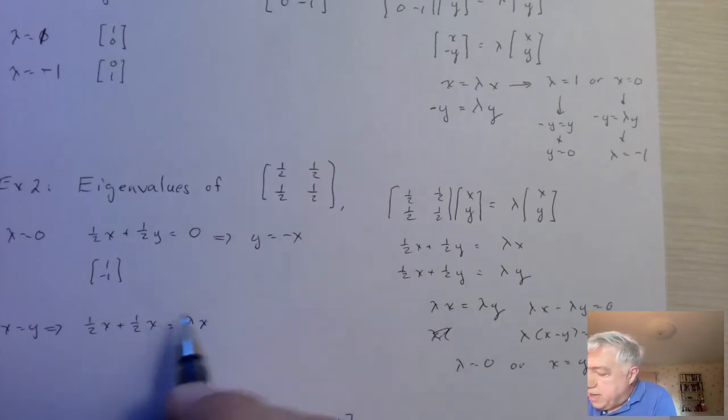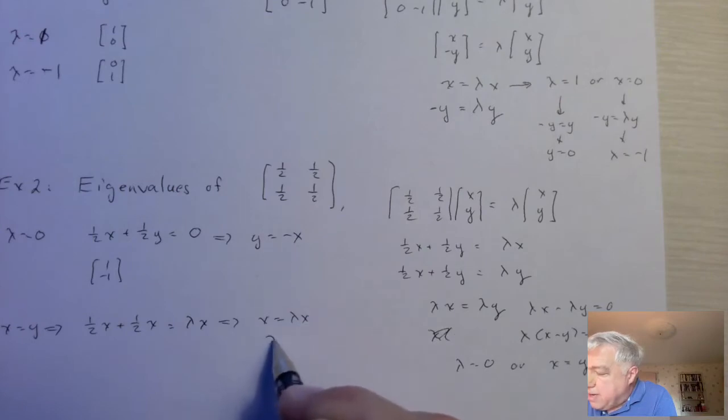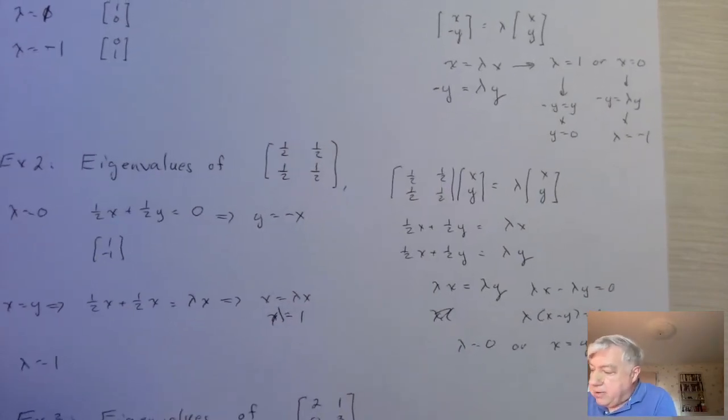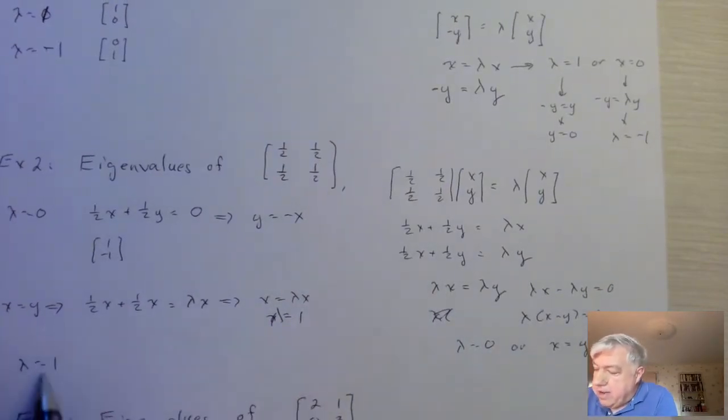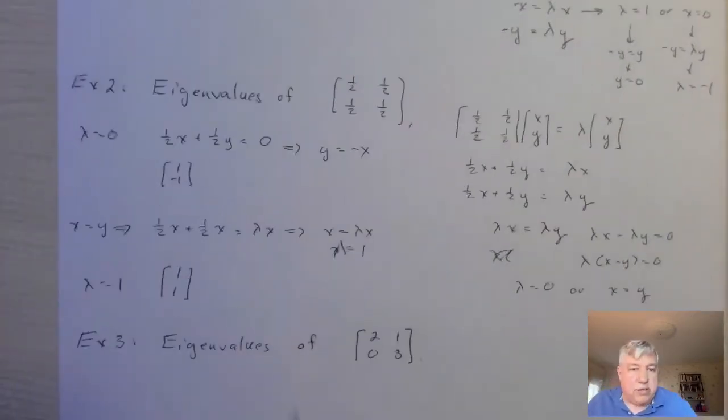So we get x equals lambda x, so lambda equals 1. So lambda equals 1 is going to be the other eigenvalue, and the corresponding eigenvector will be (1, 1), among many.